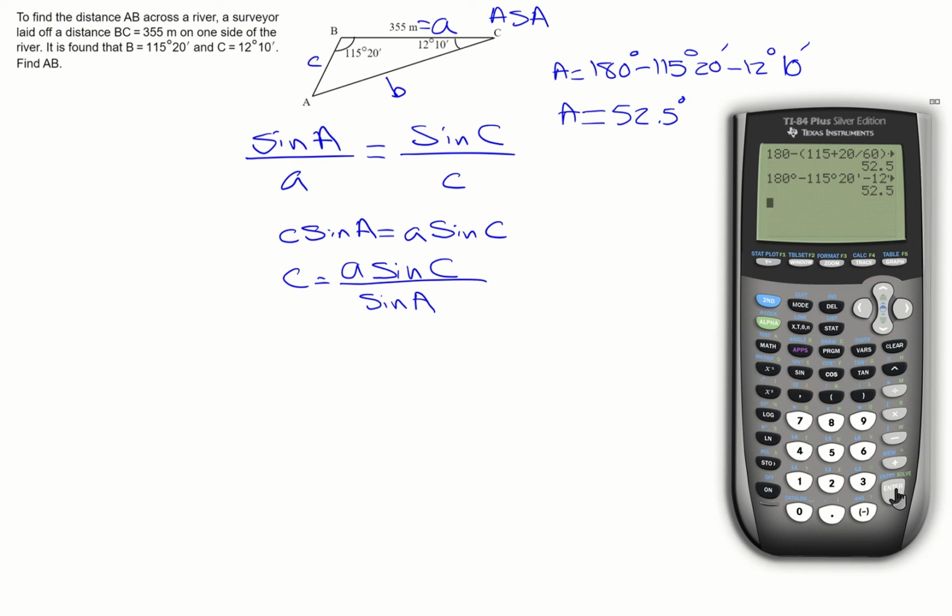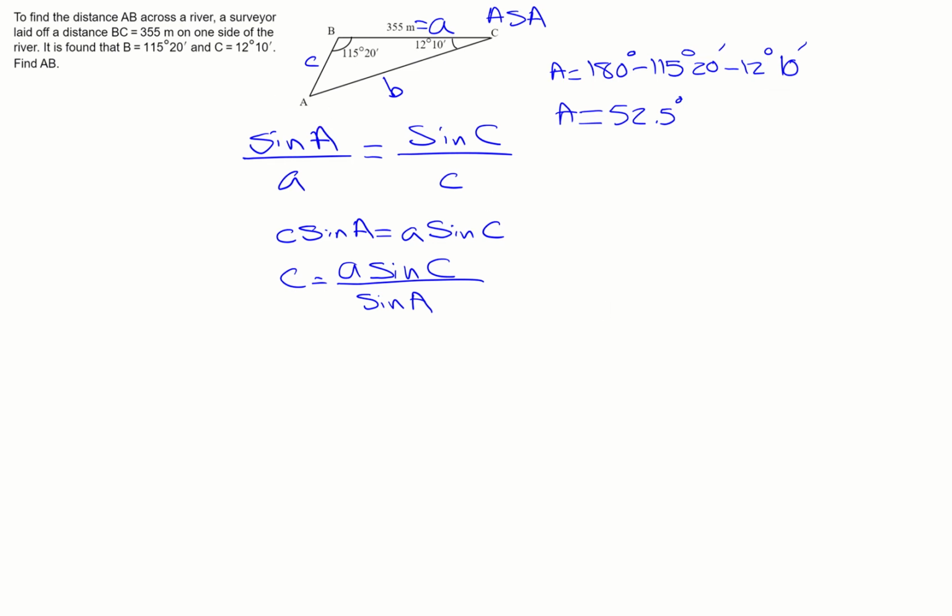So now we're going to go ahead and solve for lowercase c, which is the same as the distance AB, of course. So we first make a note of that. So for a, we're going to go ahead and type in 355.